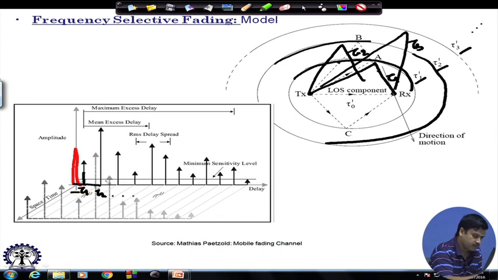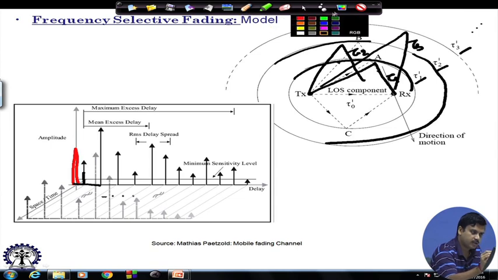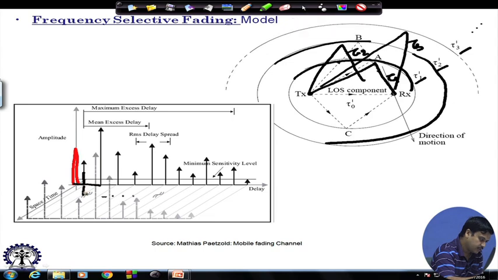What comes at tau 1 is basically all the multipaths that come at this particular delay. There are several multipaths coming at tau 1, and several multipaths coming at tau 2. These are coming from different directions, and the one that is here is because of a larger propagation, and they are all due to the same propagation delay, and so on and so forth.